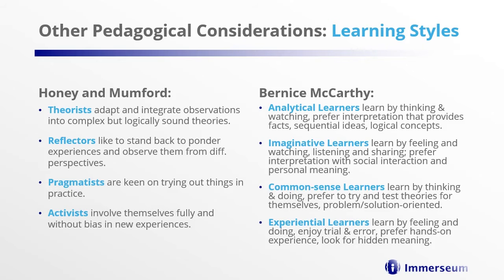And what I find is that this taxonomy, Bernice McCarthy's taxonomy, is a very good way of thinking about how are we letting people in our VR experiences learn? Are we giving experimenters the opportunity to experiment? Are we giving analytical learners the more didactic orientation that they might be looking for? So, learning styles can be controversial, but they are yet another way of thinking about these things.